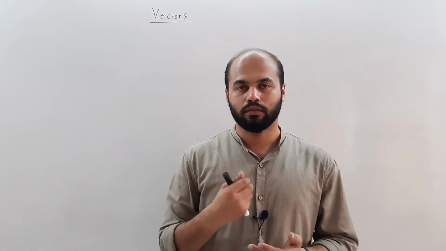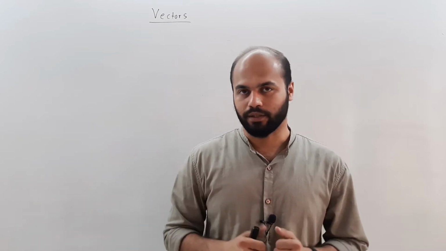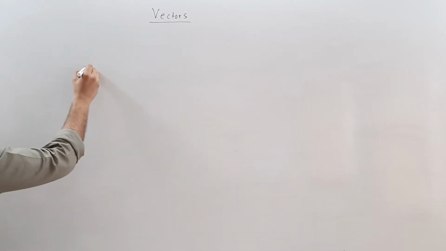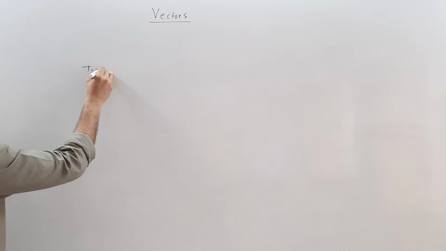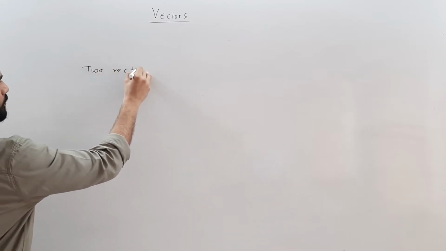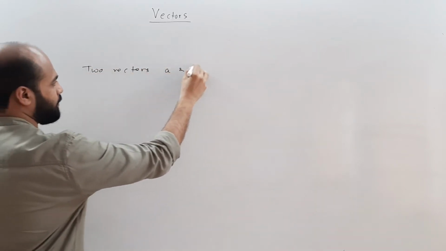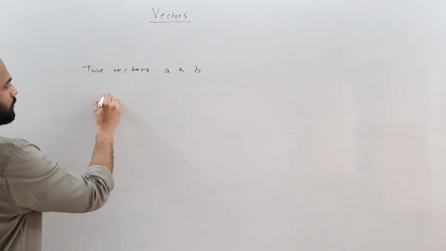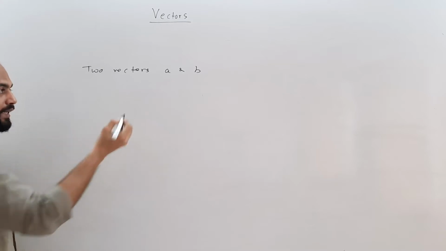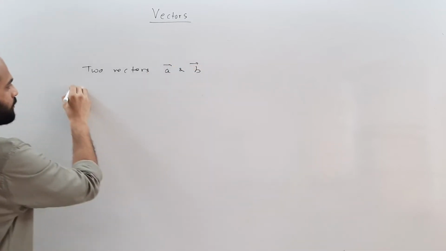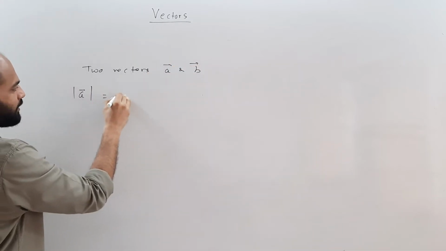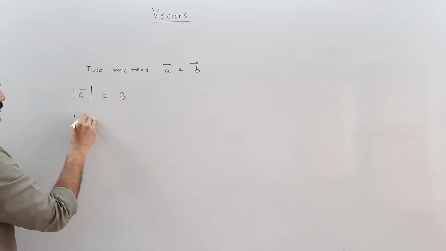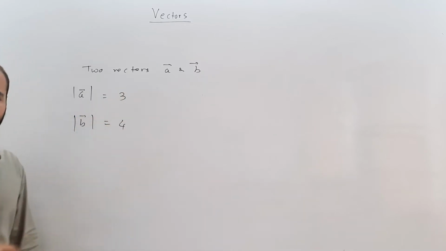Let's start today's class with a question based on the concepts that we have already learned. Let's say that we have two vectors A and B, and the magnitudes of these vectors are given as 3 and 4 respectively.